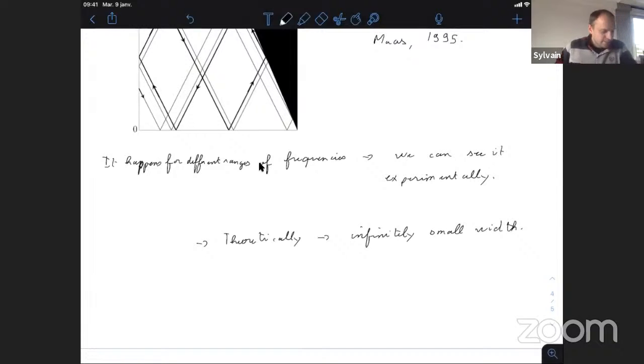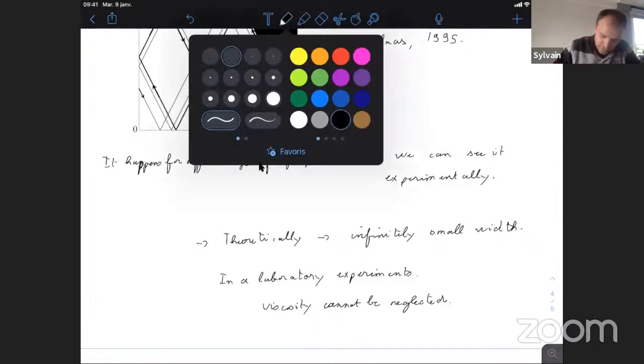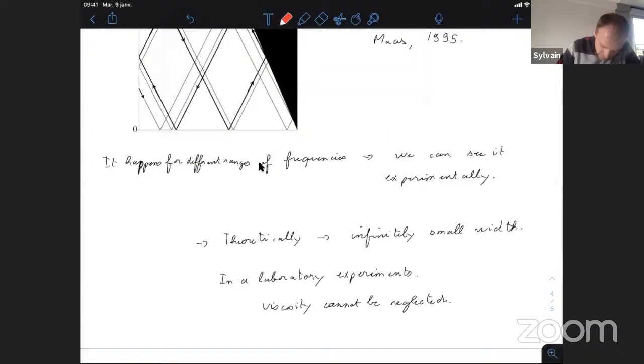In reality, in laboratory experiments, viscosity cannot be neglected. And that's a very, very important result.